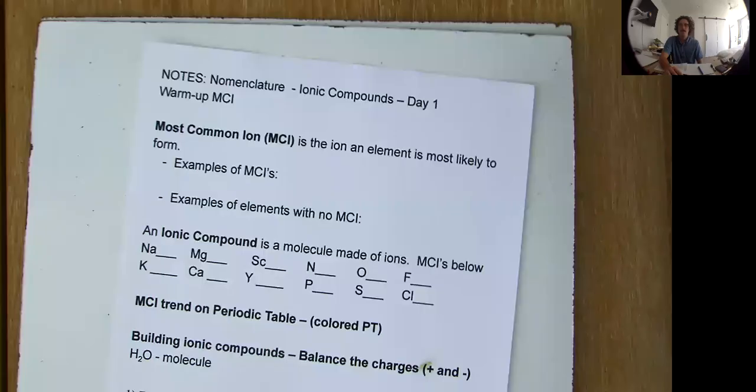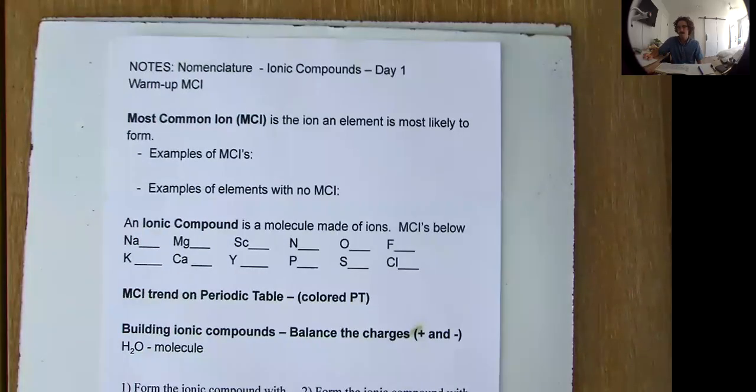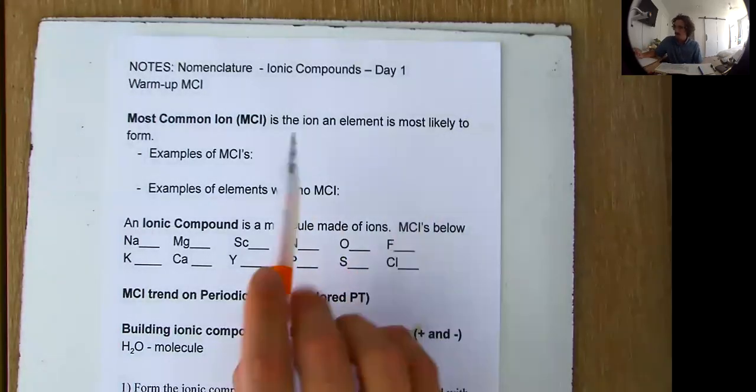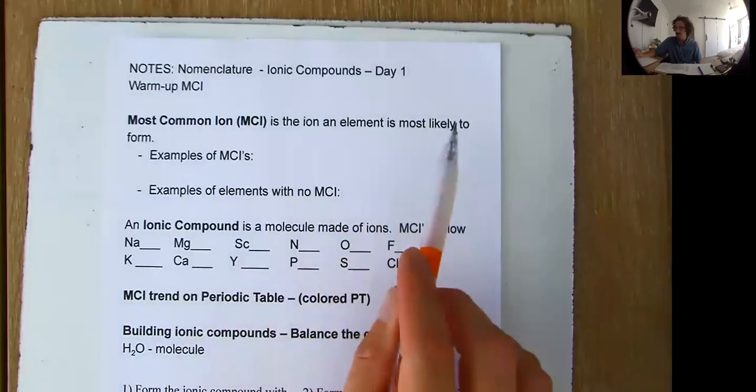Okay, we're taking notes. Make sure you pause the video so you can write down everything you see here. We're going to be talking about most common ions. Now that you know what an ion is, you can talk about the most common ion, which is the ion of an element that is most likely to form.